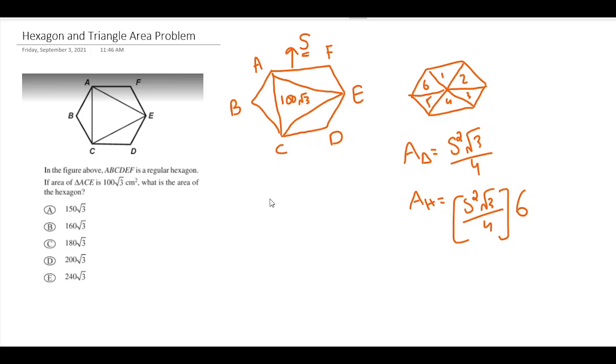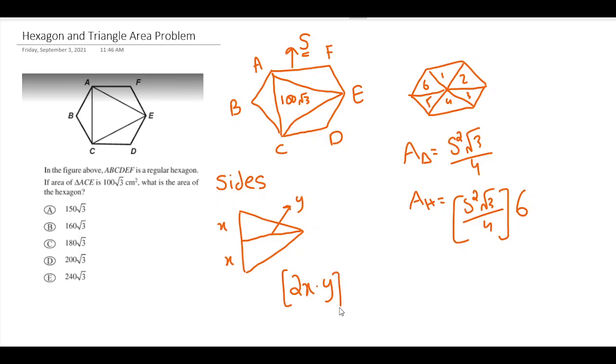So first what I did was, okay, why don't I consider the sides and try to come up with a constraint so that if I know the sides, I can ultimately get to this outer edge. So why don't I consider this triangle first? Since I need the base and the height, let me call this y and this x and this x. So the area is just going to be half the base times the height, which is given as 100 under root 3.